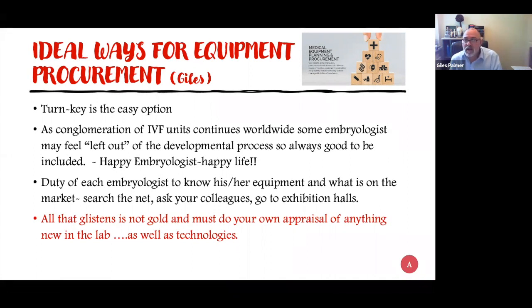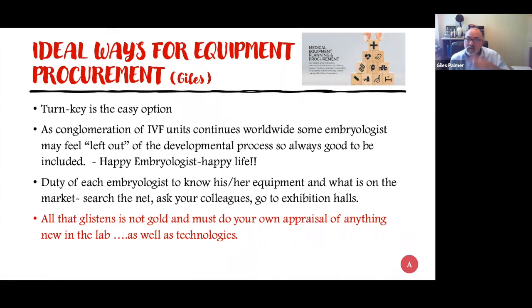But it is the duty, and for me the best part, for every embryologist to know the equipment which is out there on the market. A great way, obviously, is peer review, speaking to your colleagues, having webinars like we do, even more so now. Look at the papers, but the most important thing is what our colleagues are saying, what works and what doesn't work, because as you know, techniques come and go.